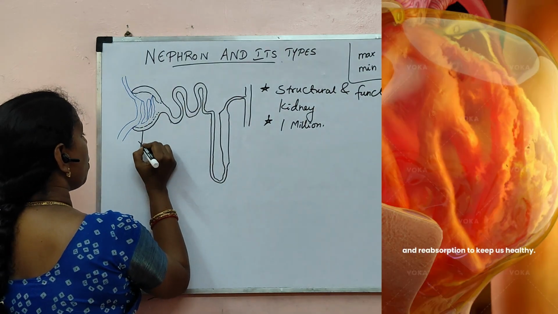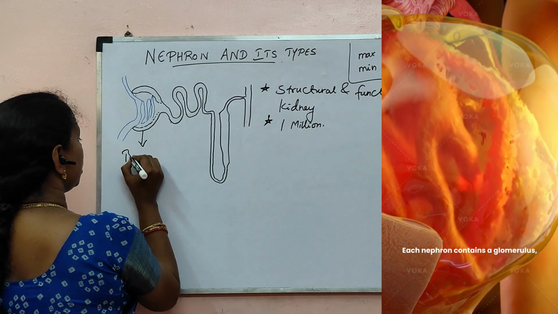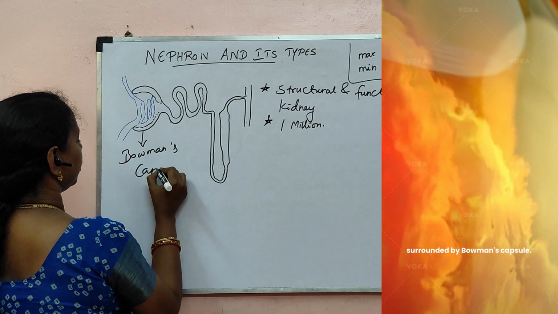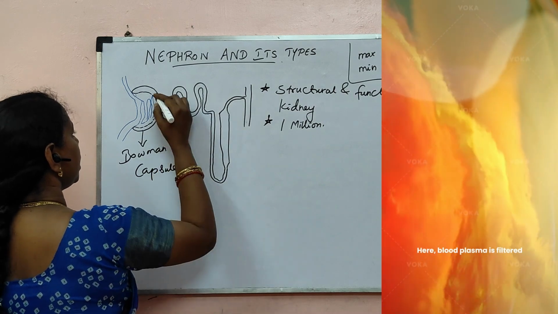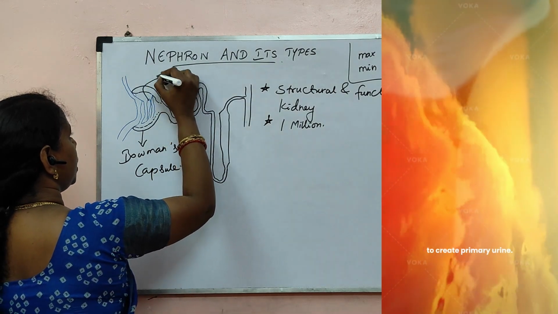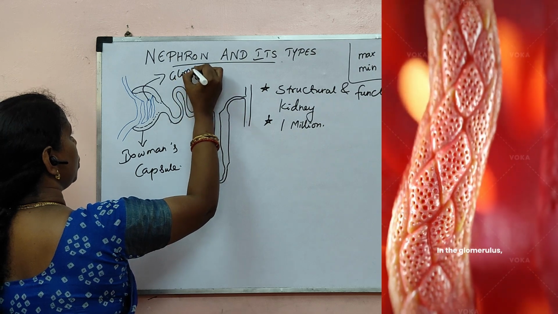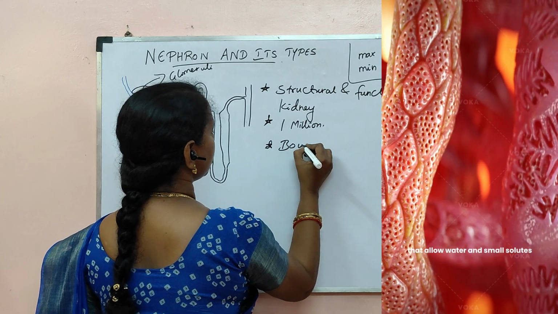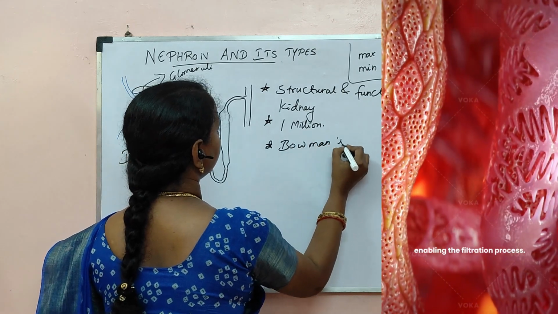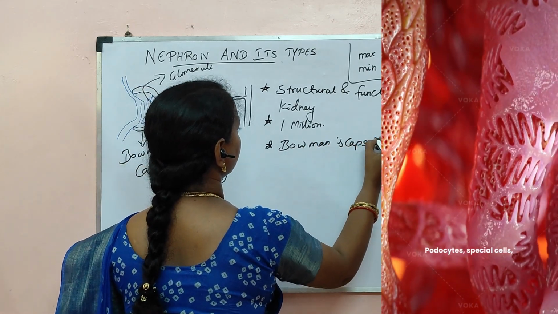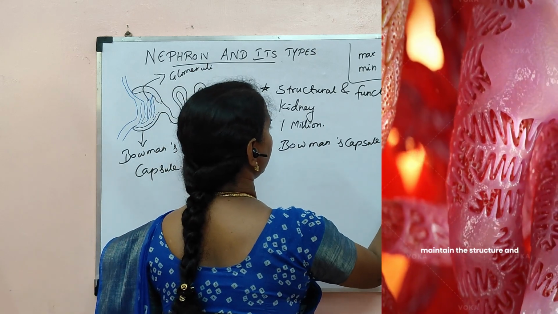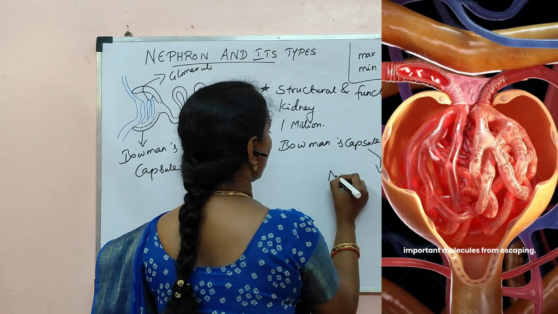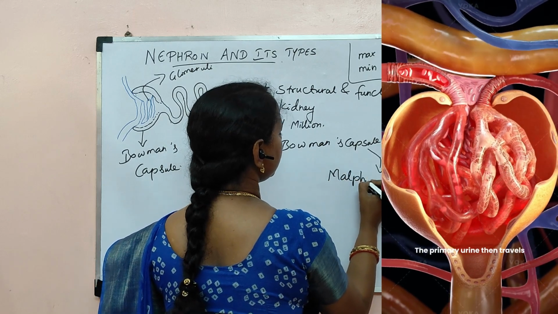Define the Bowman capsule. A cup-like structure is called Bowman's capsule. Inside we can find a tuft of capillaries which is called glomerulus. This Bowman capsule along with glomerulus is also called Malpighian body.